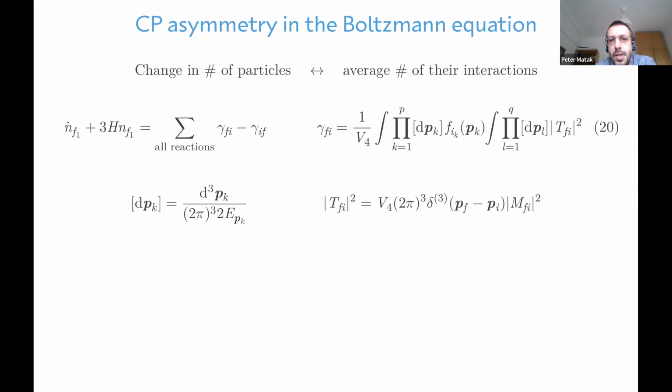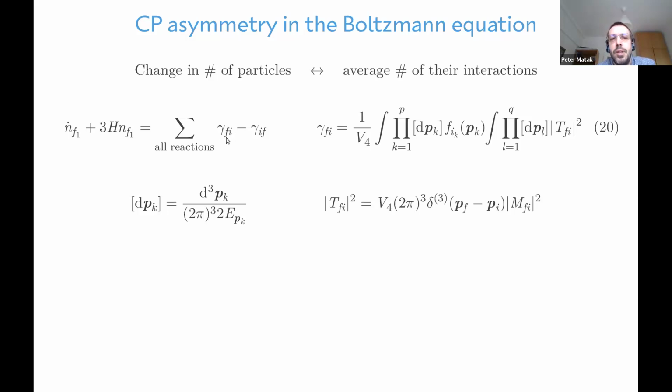So we have some scattering, some annihilation, some decays, and we calculate the number of these reactions per unit volume per unit time, and we write down the change of the number density here. I guess everyone knows where this comes from. And these gammas are reaction densities. So this is the number of I to F or F to I reactions. I use the same notation as for the matrix elements.